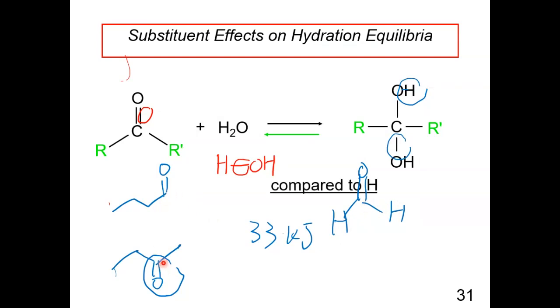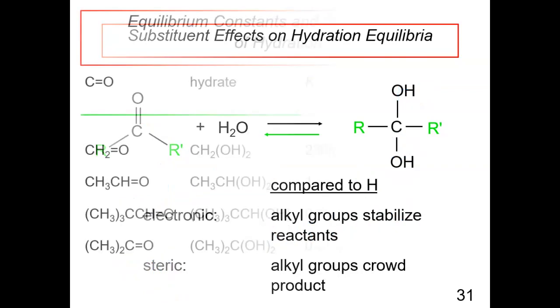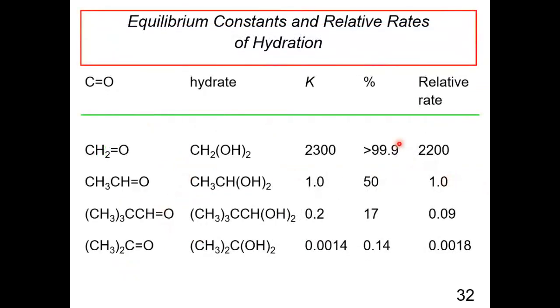This gives you a clear explanation if you look at the equilibrium constants. The hydration equilibrium constant for formaldehyde is really high, 2000, so formaldehyde hydration heavily favors the hydrate side.